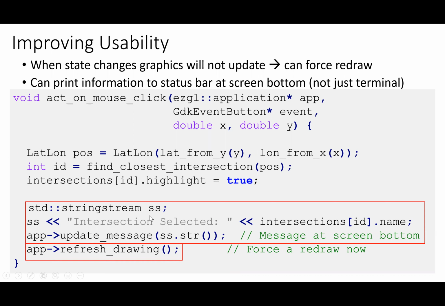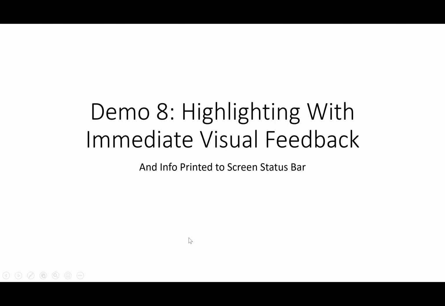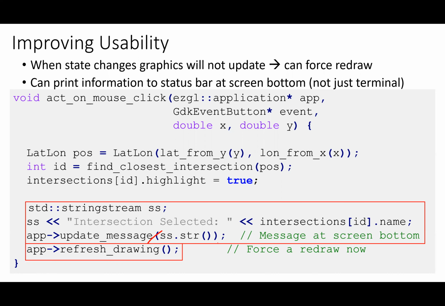But basically what I've done is I want to make a string. And I did that by saying, print to the string stream, intersection selected, and then the name of the intersection. And you can get the string out of a string stream with this function call. You say .str, okay?